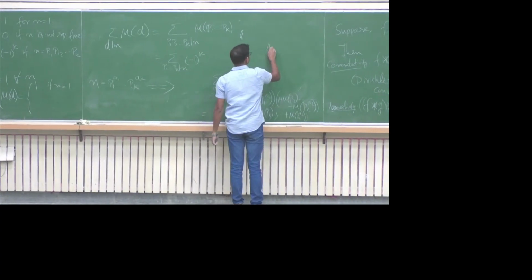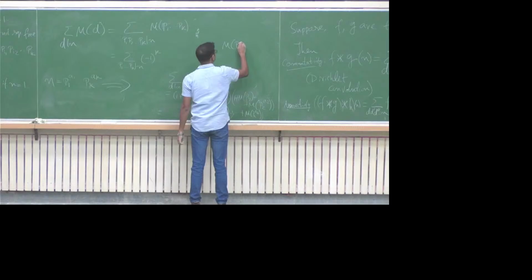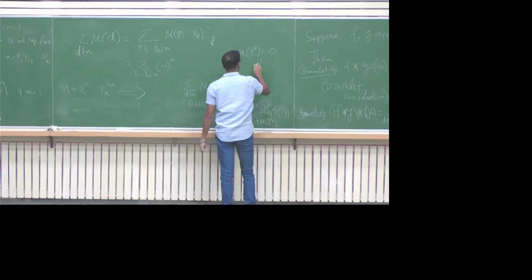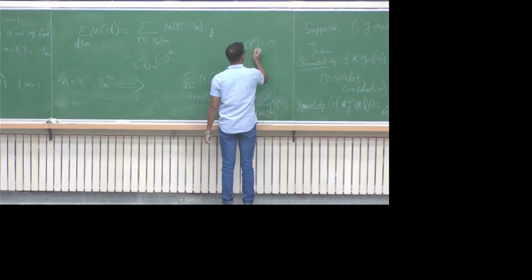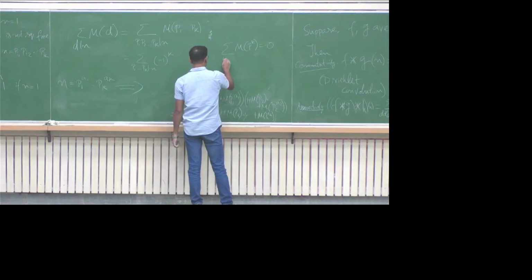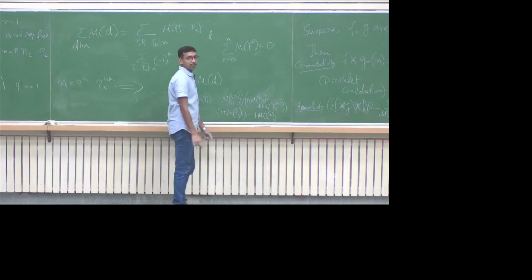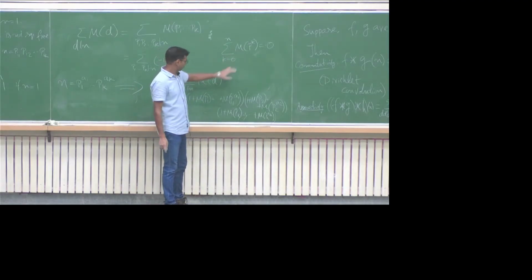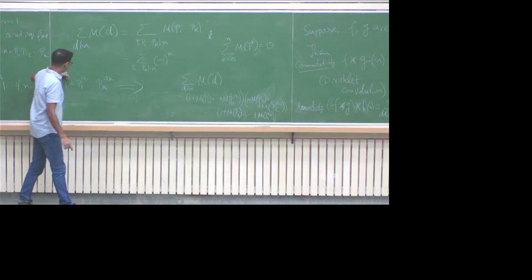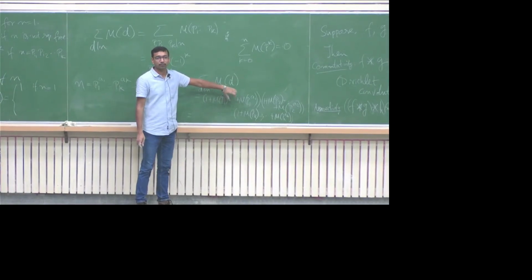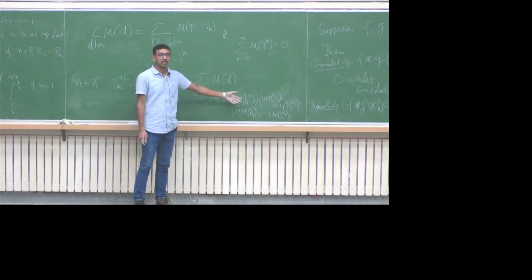What we are saying is that the sum of mu of p to the k, for k running from 0 to any arbitrary n, is 0. And since mu is multiplicative, the sum over the divisors of n would just be a product of such things, and each factor turns out to be 0.